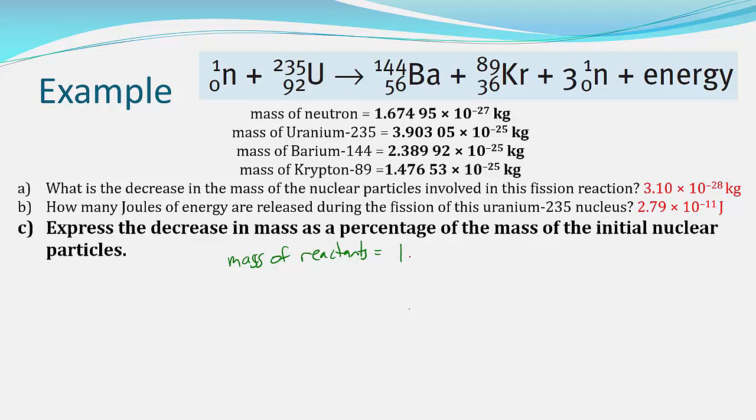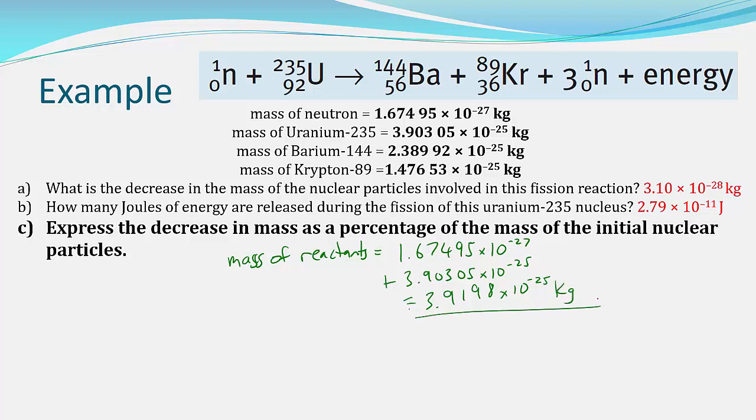And that's just going to be your neutron plus your uranium. And what you should end up with is 3.9198 times 10 to the negative 27. No, negative 25, sorry. Kilograms.